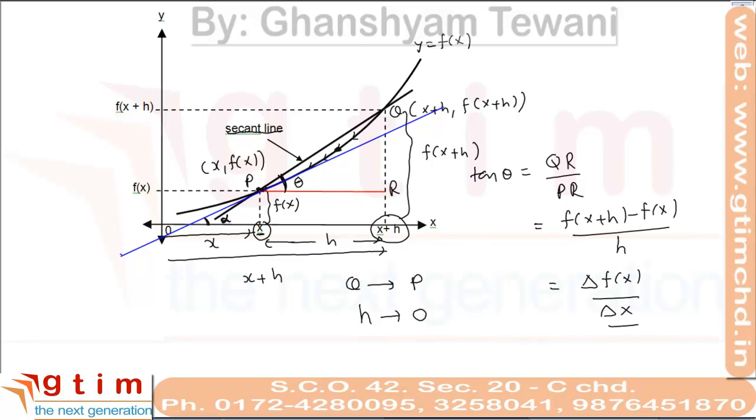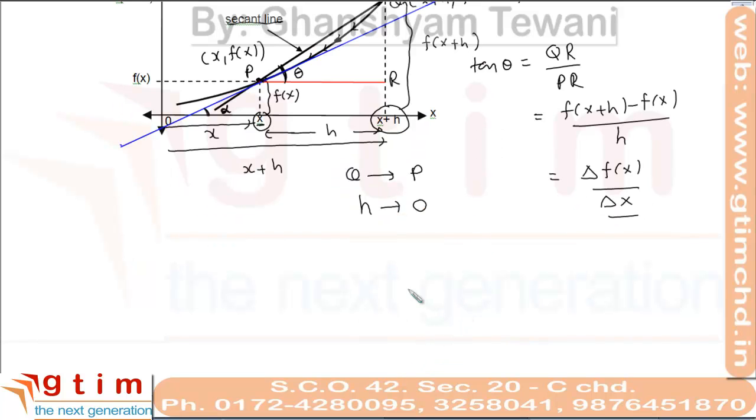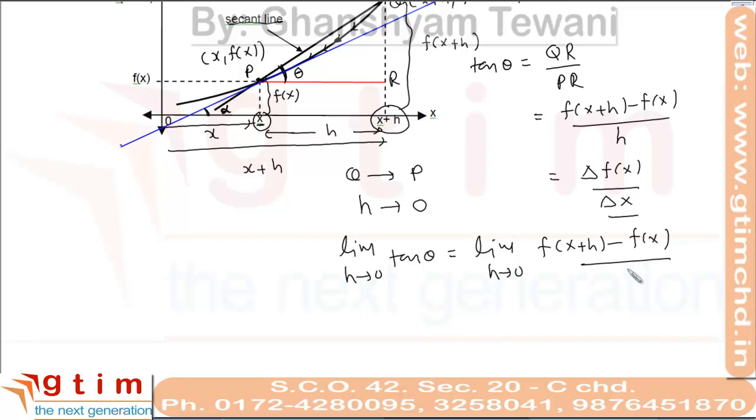Now from this, with the concept of limits, we say when limit h tends to 0, the value of tan theta is equal to limit h tends to 0 of (f(x plus h) minus f(x)) by h. We already have this relation. In this relation we are applying limit h tends to 0 on both sides.